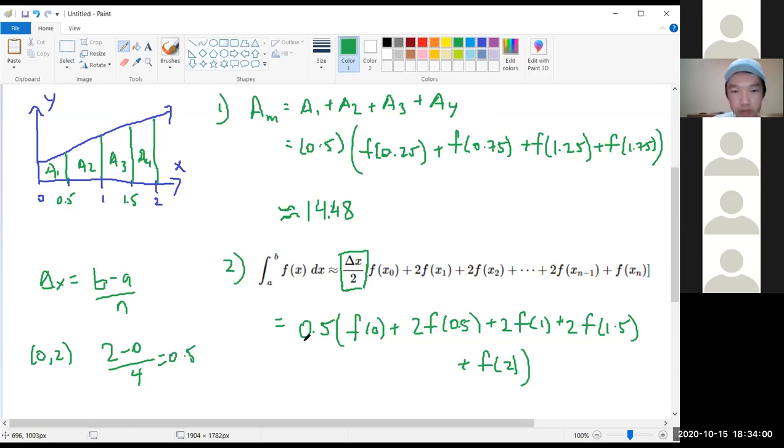Oh, actually, I forgot to put the over 2 part. Sorry. Okay, so this is the coefficient, and then this is the longer part. All right. So that's the trapezoidal rule. Any questions on that?